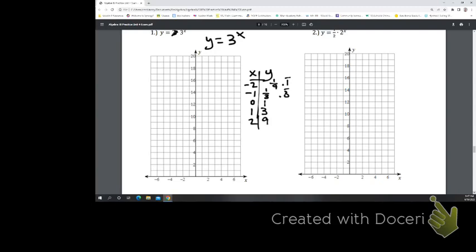So negative 2, 1/9 is just going to be close to the x-axis. Negative 1, 1/3 should be just a tiny bit higher. I'm not going to be looking at whether it's exact. And then 0, 1, 1, 3, and 2, 9.